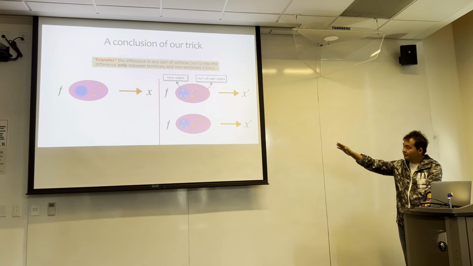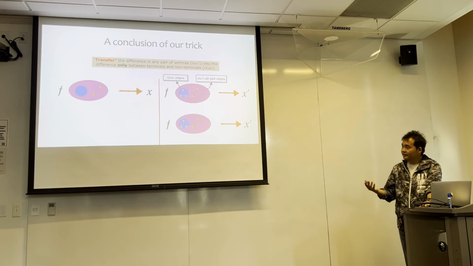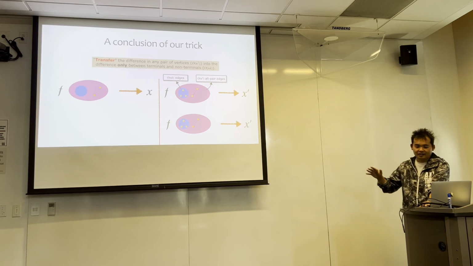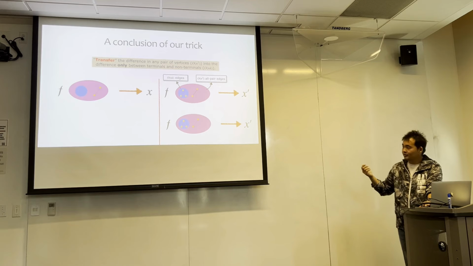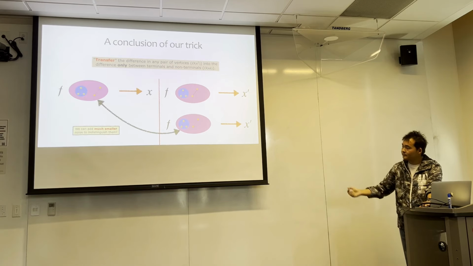Here I use the blue part to denote the edges only between terminals and non-terminals. Now think about our earlier argument, but in reverse. If I remove an edge, somehow I can just adjust the edges only in the blue part to cancel off the effect of such change, and the output is still x.